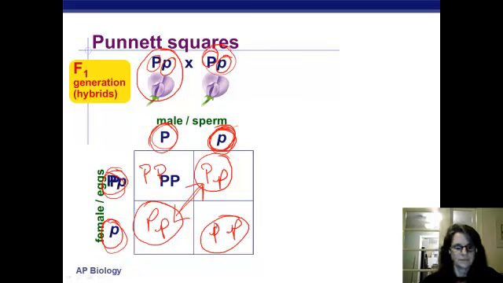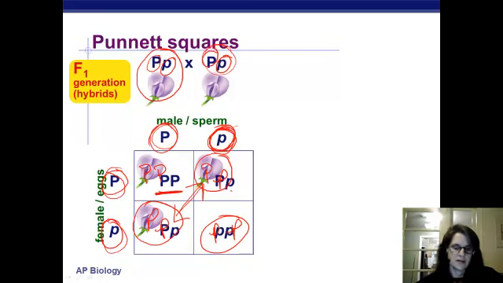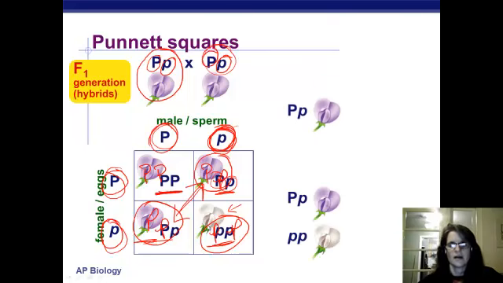So what we end up with then phenotypically is that this one looks purple because that's all there is. This one looks purple because big P dominates the little p. This one looks purple, but this last one looks white. There's no working big P gene. They're both broken, so we see the white flower. Okay?